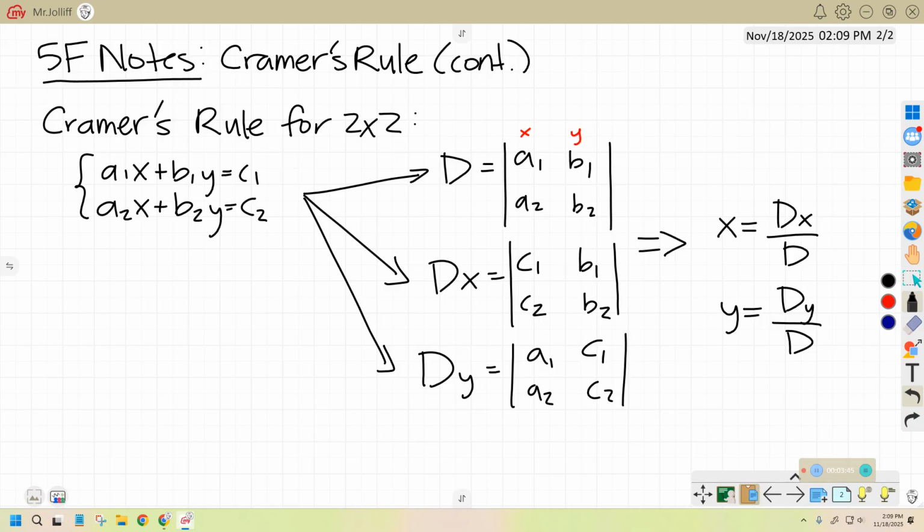So assuming our system has a rational solution, this is how we can find it. And we're going to do some examples because they're good for us.